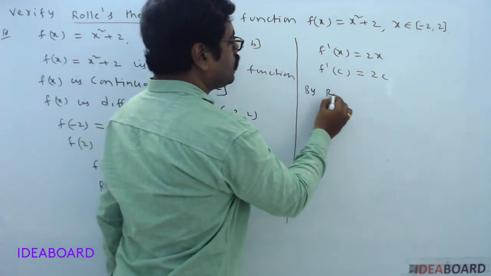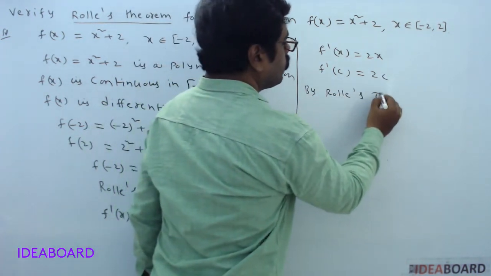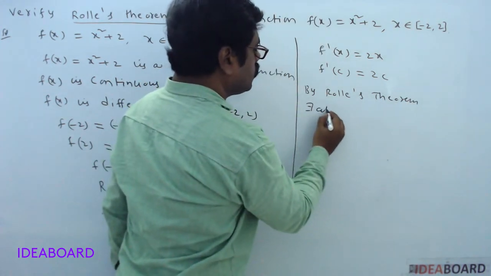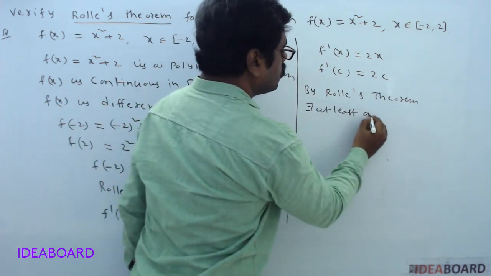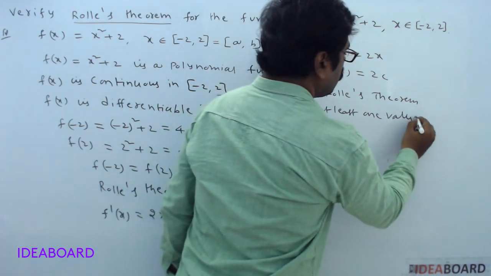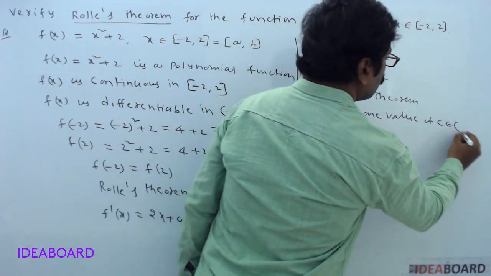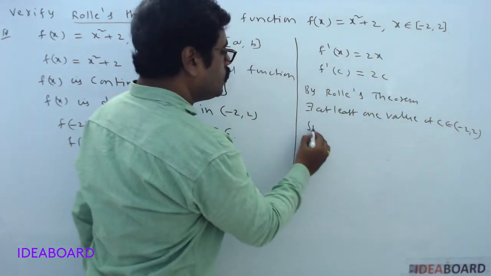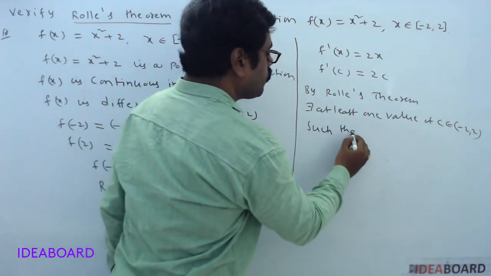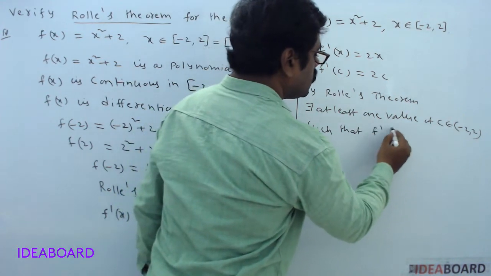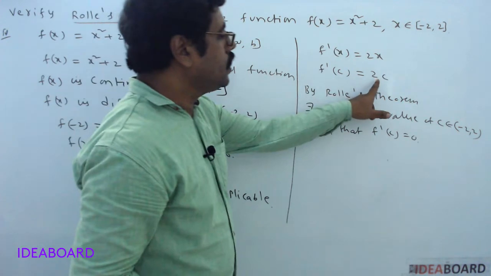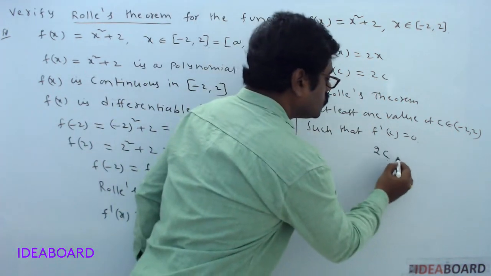Now by Rolle's theorem, there exists at least one value of c belonging to the open interval (-2, 2) such that f'(c) = 0. Now what is f'(c)? f'(c) is 2c.